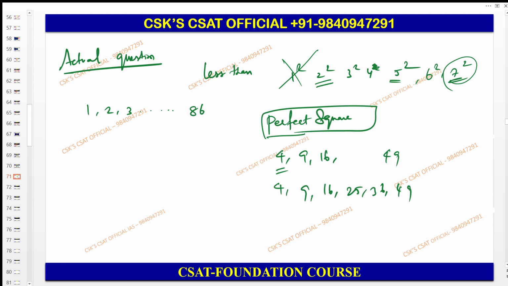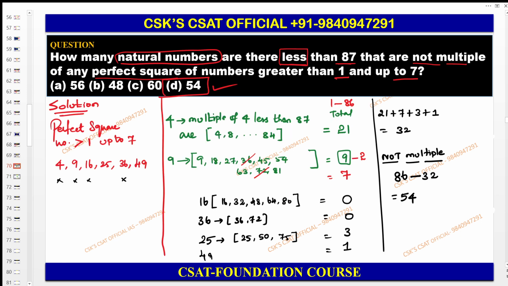Here, in order to avoid double counting, when you are calculating those numbers with the previous perfect square's multiples, you should not include them in the rest of the perfect square multiples. Nikita, understanding? Yes, sir. Okay. So in such a way, how many such numbers are there? That is what is provided in the question. Able to understand the question now?